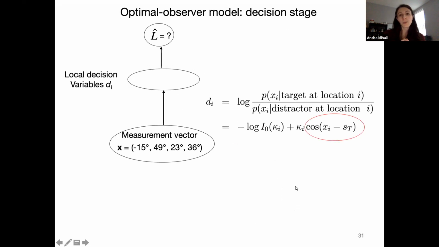So, okay, what about the decision stage? How does the observer eventually pick a location? The observer computes local decision variables DI.